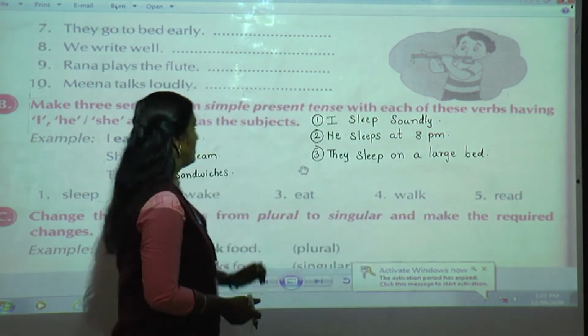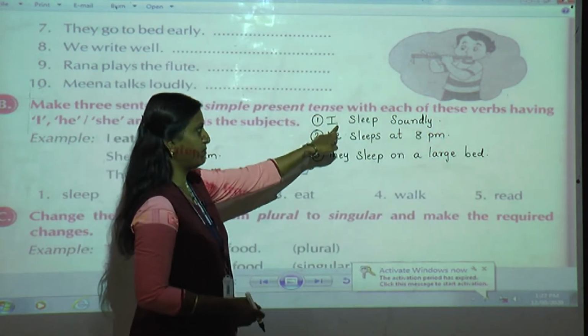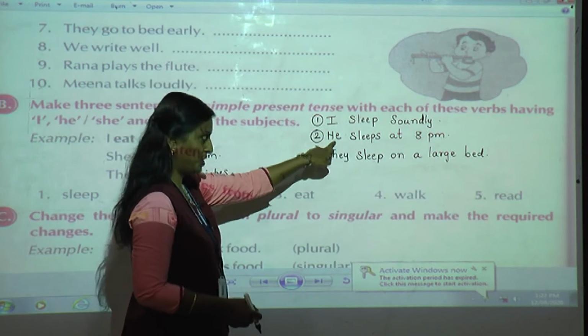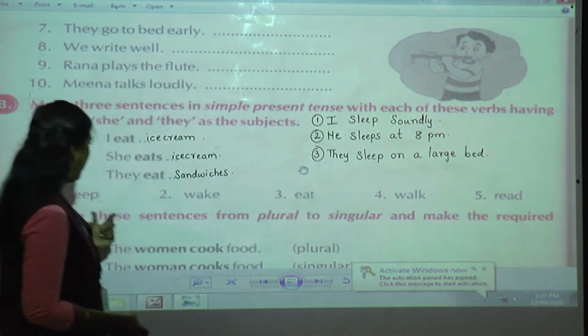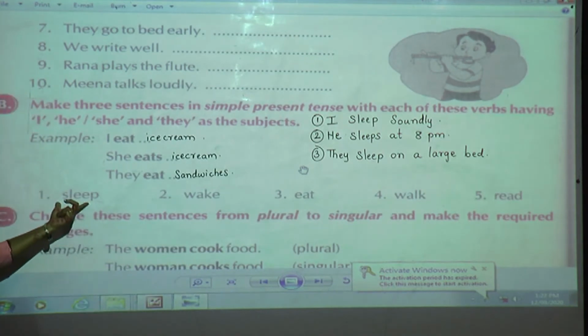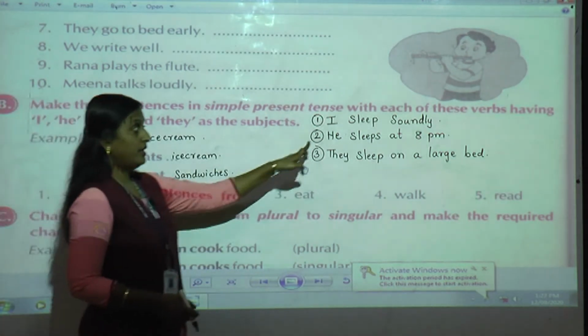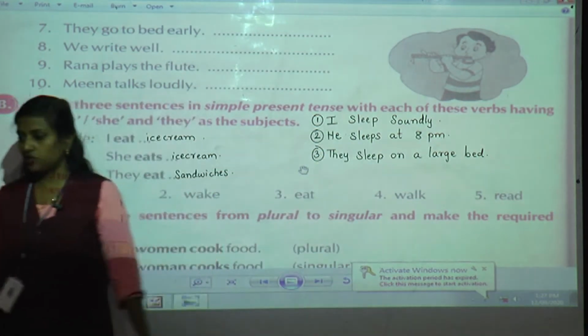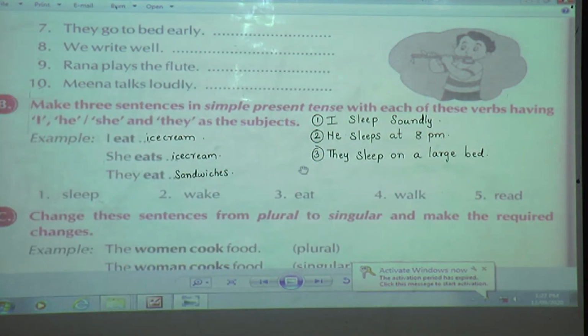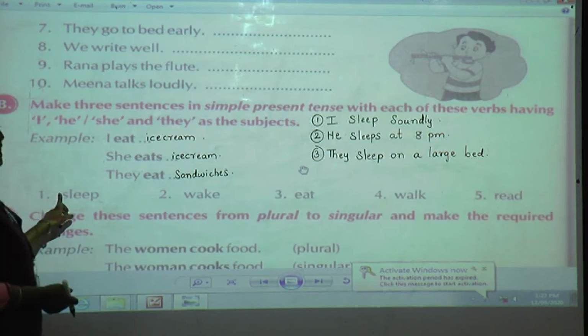According to our instructions they have told to take the subject I, he or she and they. Done. And which verb will I take? Whatever verb they have given over here. Now keep in your mind, when he, she is there, that time we are going to add s. Got it, students? So this is the only one example I have done for you.